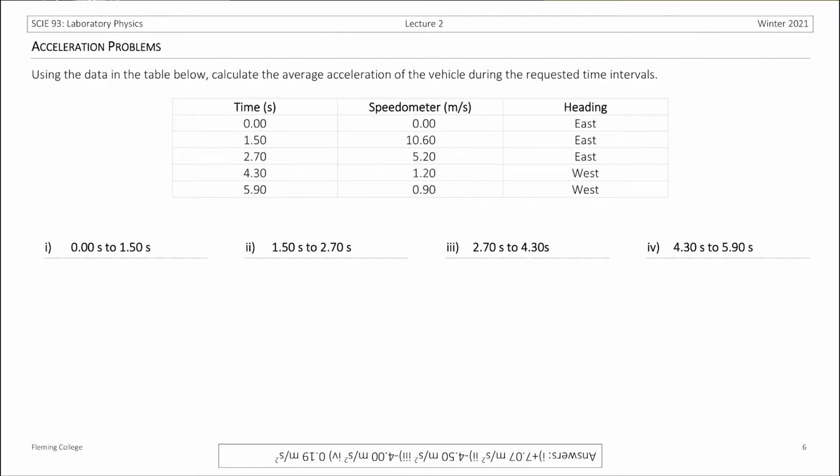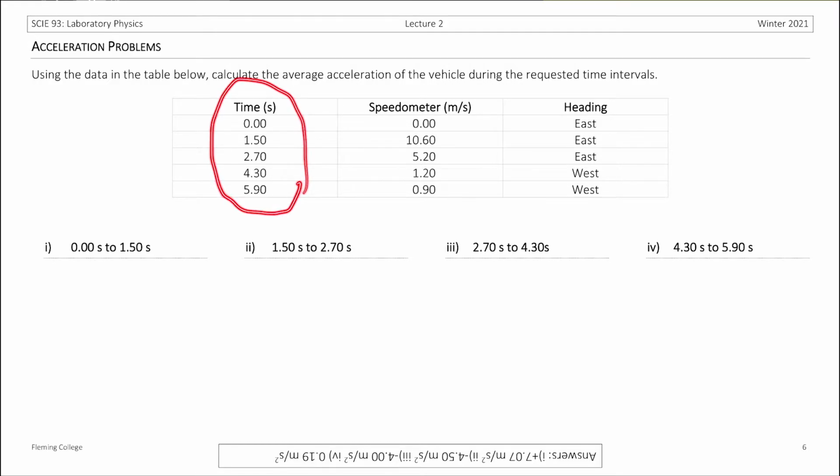Now that we have an understanding of those physics concepts, let's begin to solve some calculation problems. Using the data in the table below, calculate the average acceleration of the vehicle during the requested time intervals.